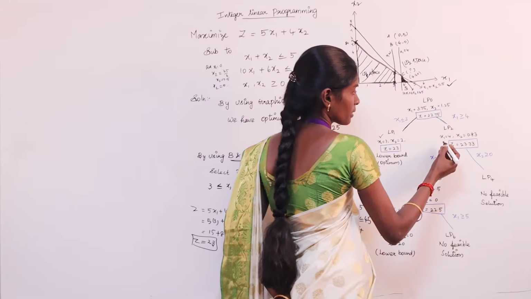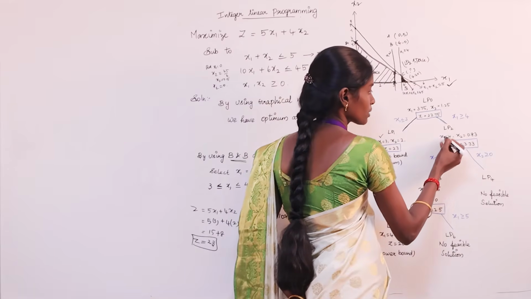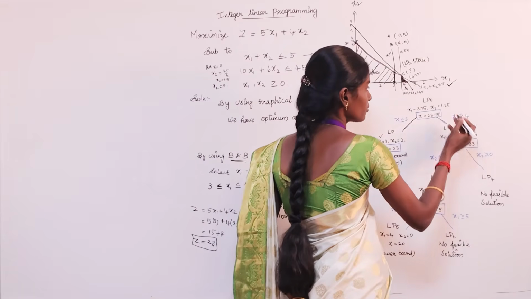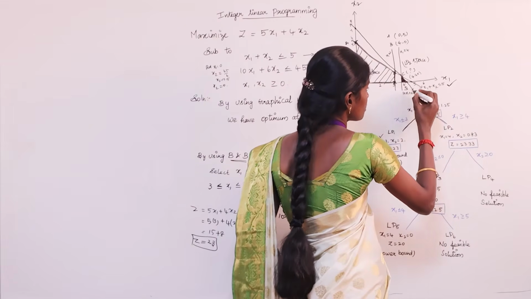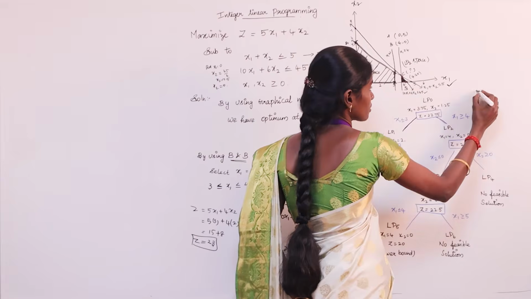For the LP2 space, we chose x1 equal to 4 and we have to find x2. For x2, we have to apply this in the second constraint.